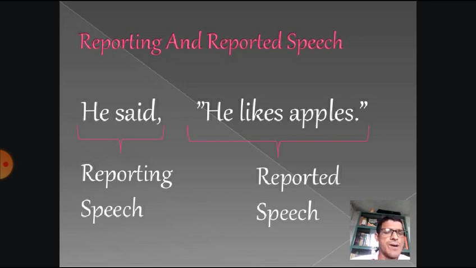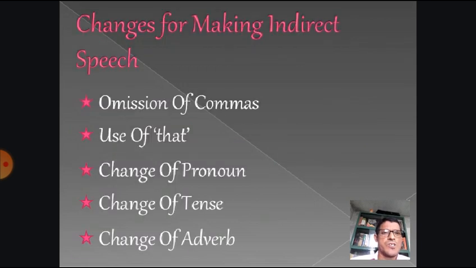And whatever part is outside the inverted comma is called reporting speech, in which a reporting subject is there, a reporting verb is there, and sometimes a reporting object is there.